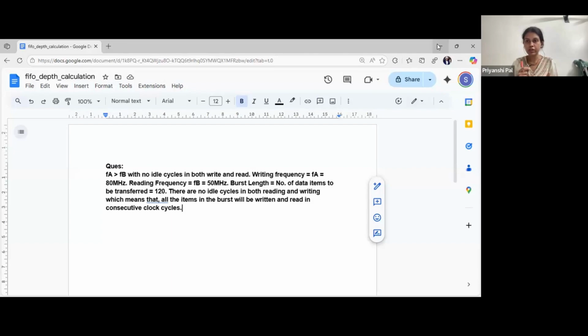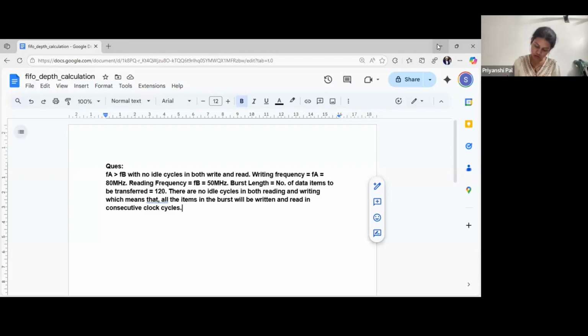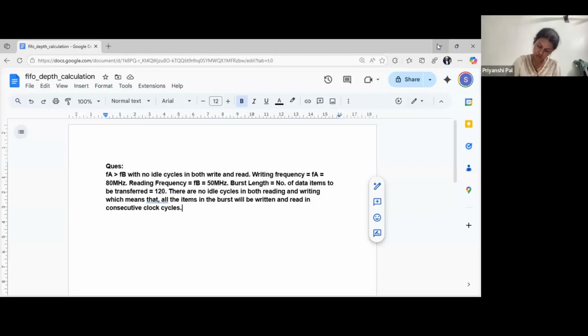0.0125, 1 upon 80. Yeah, you're mistaken in some nano things, but you have calculated it right. Okay, 12.5 nanosecond will be the answer for the time to write one data item.